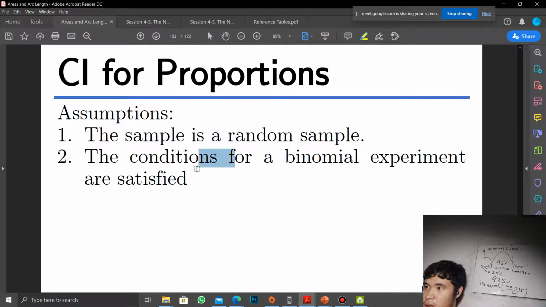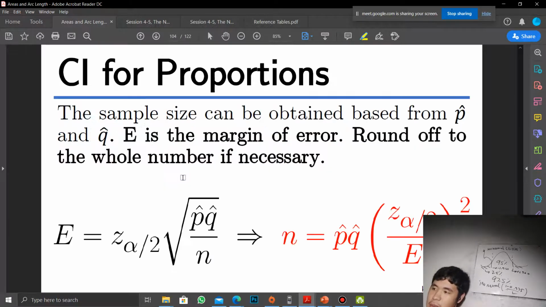Binomial experiment siya, no? Kung napapansin nyo, it's only P and Q. Wala nang R, no? Dalawa lang yung proportion. And E is still the sample error, margin of error, round up to the whole number kapag decimal nakuha. Solve for N, you'll get this. Okay?